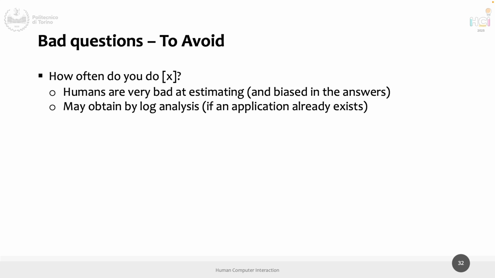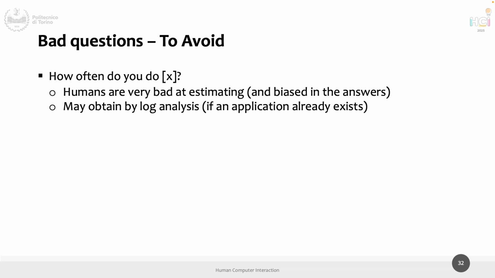So when possible, instead of asking how many hours you spent on Instagram, it's better to say, can we look on your phone at how many hours you spend on Instagram? So you have the precise number.